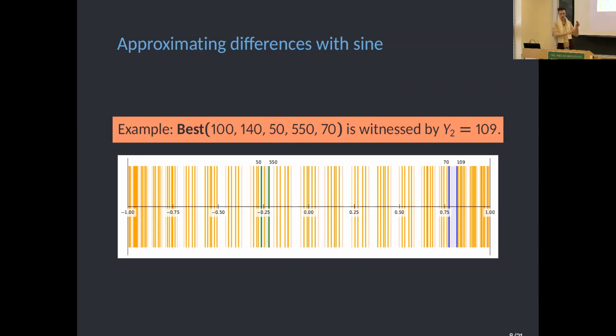And in fact, the other entry to the pair y is 109. And we can sort of see this. This is what we're trying to approximate, the difference between these sine values. And we find that the closest approximate on this mesh is the blue shaded region, 70 and 109. Important things here are that given the first 4 entries to the tuple, there are at most 2 satisfying 5th entries, in this case 70.